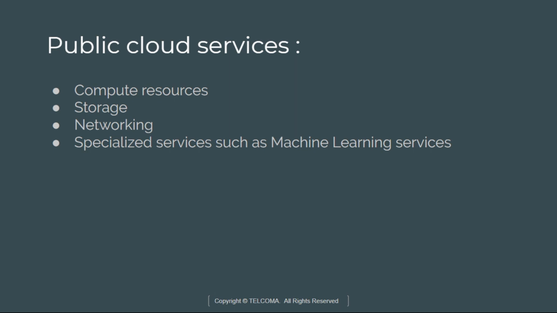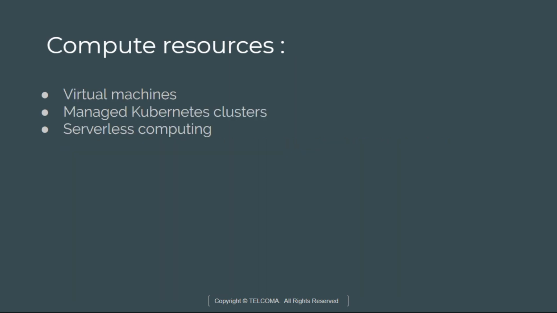A company that starts on the cloud can choose services that best fit its application and architectural needs without having to consider existing infrastructure. Public cloud providers offer services that mainly fall into four categories: compute resources, storage, networking and specialized services such as machine learning services. Let's talk about compute resources.